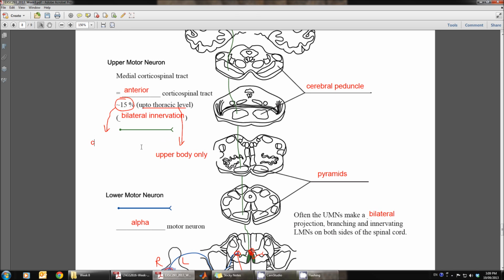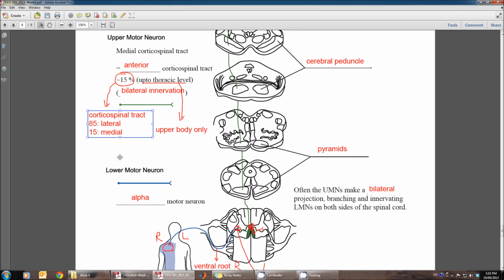If you combine the lateral and medial corticospinal tracts, we have the corticospinal tract, and 85% is lateral and 15% is medial. You can imagine that 85% of the tract decussates at the junction between the medulla and the spinal cord, and the rest stays on the same side, but decussates at the spinal cord level.